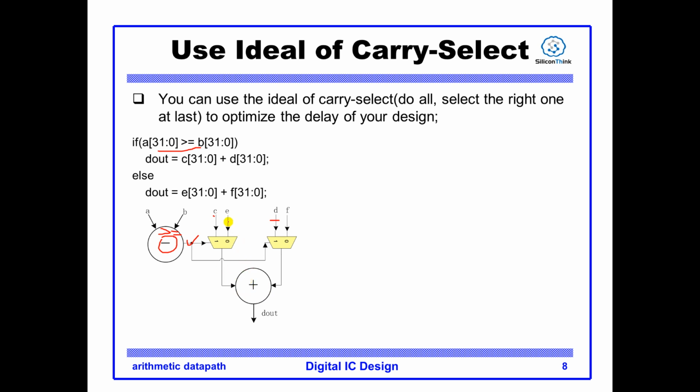If not, you will select E and F, then do the AND calculation. Yes, this is an architecture. If you analyze, the delay will be the subtractor through the mux, then through the AND. So it seems this architecture has nothing to do with the idea of carry select. Can you improve the delay?